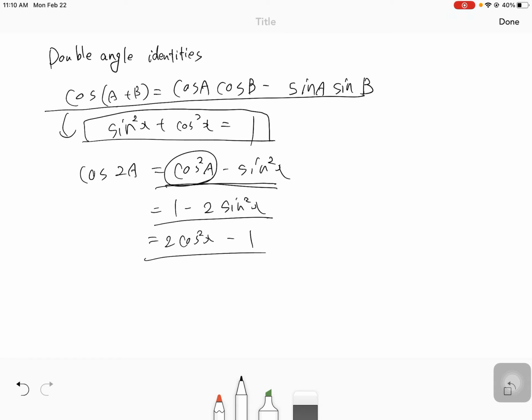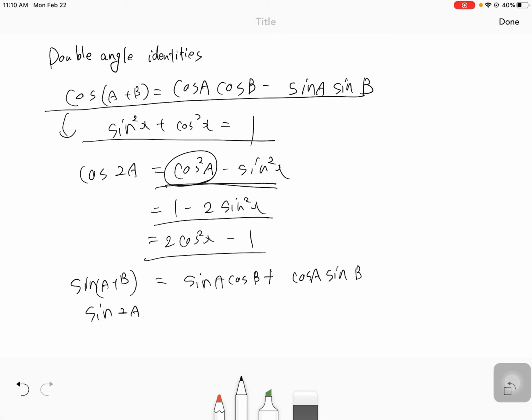Okay, and besides, let me teach you another double angle identity, which is sine a plus b. What is it going to be? It's going to be sine a cosine b plus cosine a sine b.